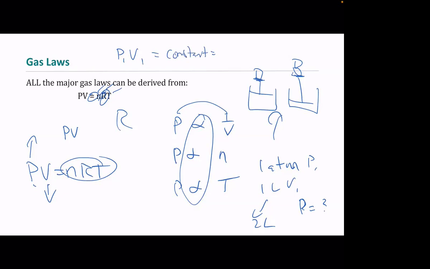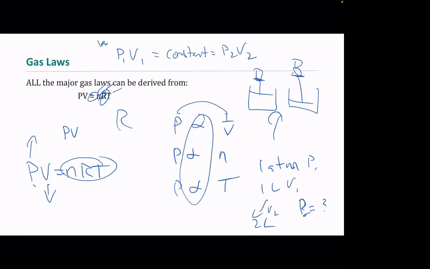And since it's constant, it must equal my new volume and my new pressure. So you simply take the equation, put everything that isn't changing, that's constant, on one side, everything that's changing on the other side, and now you can solve it very easily, right? You have 3 of the quantities.